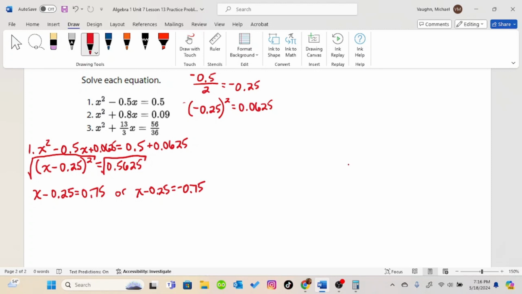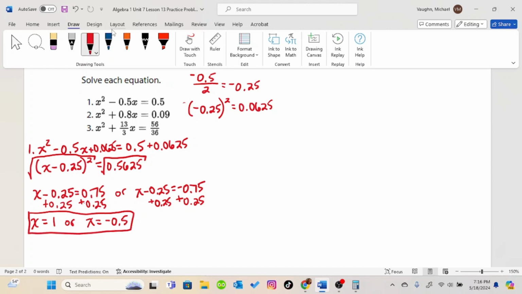So now we're going to add 0.25 on both sides of both equations. Once we do that, our first answer becomes x equals 1, and our second answer becomes x equals negative 0.5. So we have found the two answers to number 1.